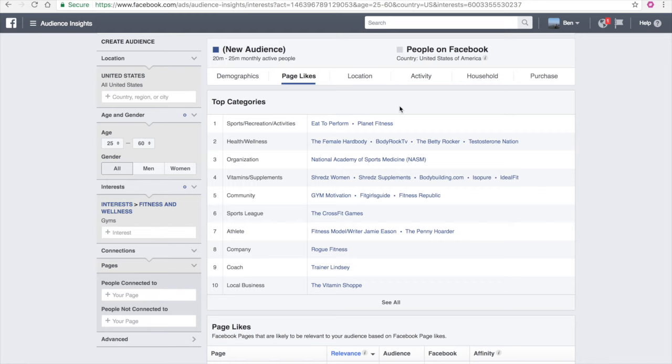So we're using interest-based targeting, and we're diving into the different pages that they like, because if they like a page on Facebook, chances are they're going to go to it a lot. And if we can learn more about the pages that they go to, that our customers are going to go to, then we can target our ads specifically to those people.